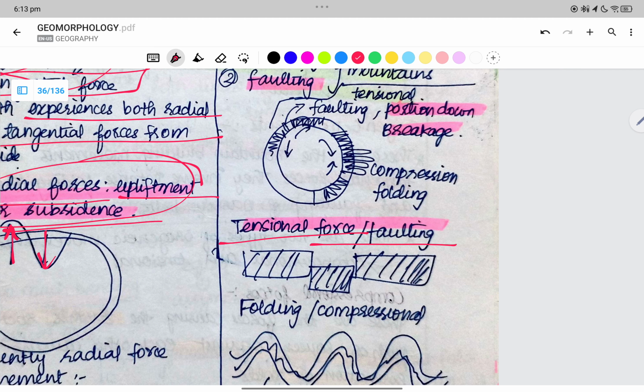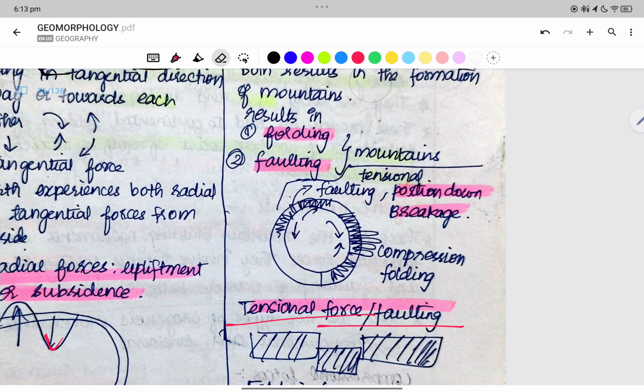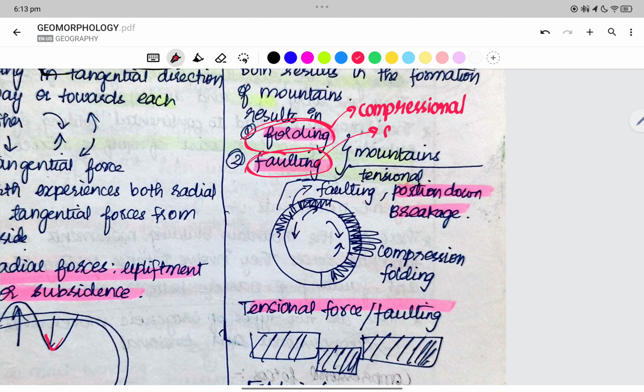Tensional forces are the faulting, compressional forces are the folding. Now we have to deal with the orogenic tensional and compressional forces. The tensional forces result in the formation of faulting, and folding is because of the compressional forces.